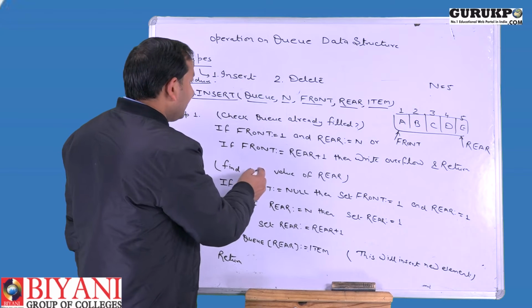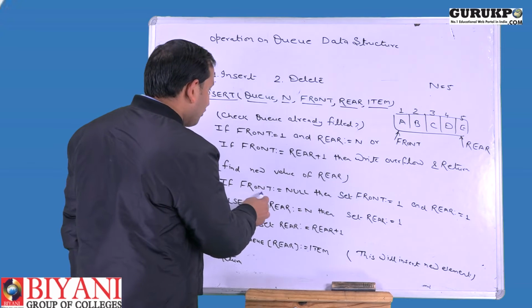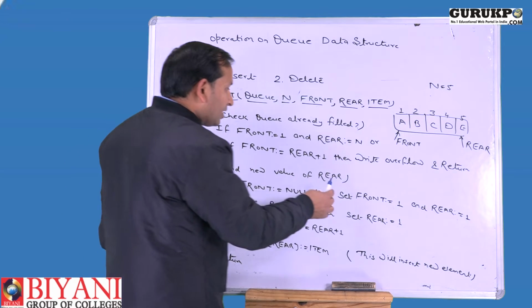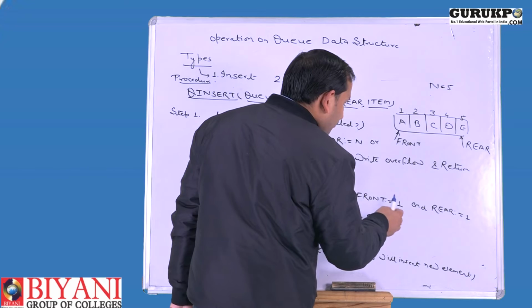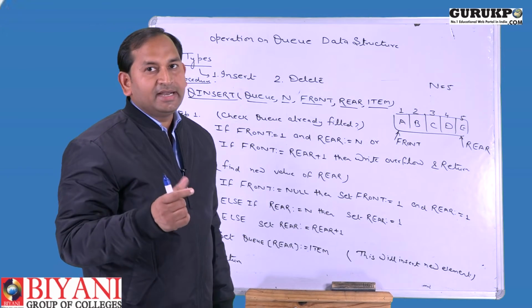Step number 2, find new value of rear. If it is not so, find the new value of rear. If front equal to null, then set front equal to 1 and rear equal to 1. This is the situation where there is only one element inside the queue.